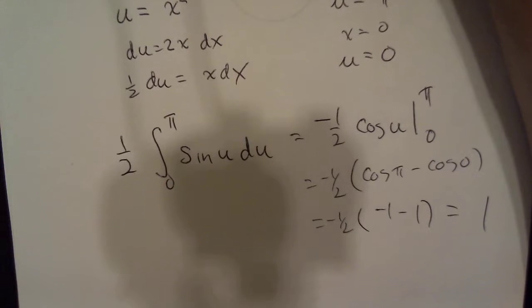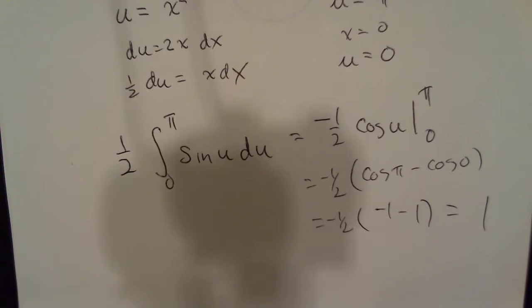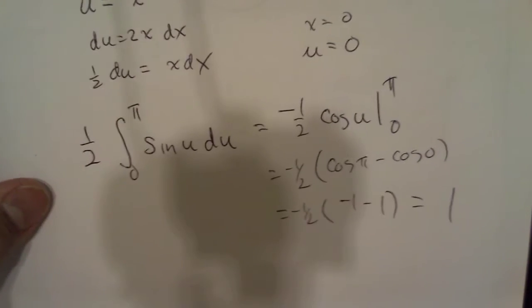All right, 5.4, number 57. Okay, so number 57 is up next.